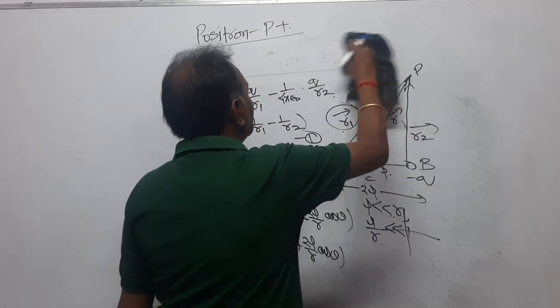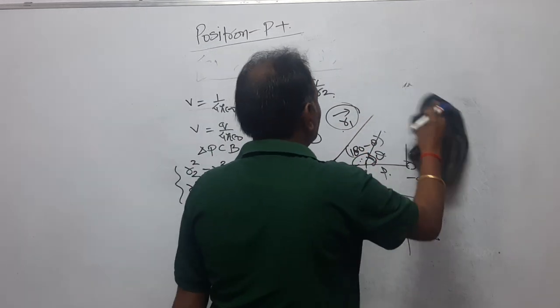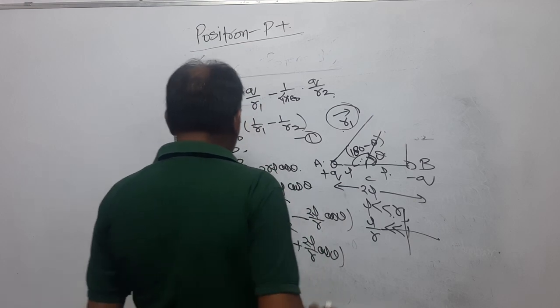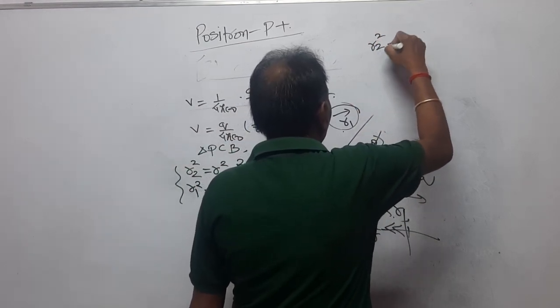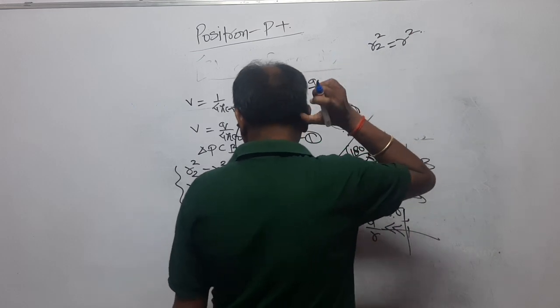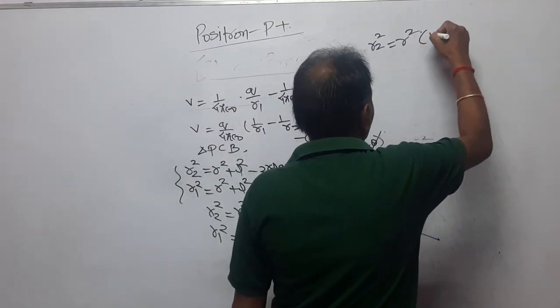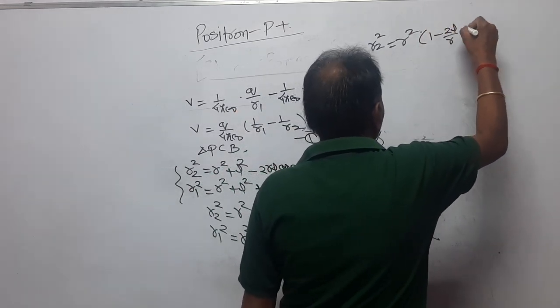I'm writing here. R2 square equals R square times 1 minus 2L upon R cos theta.